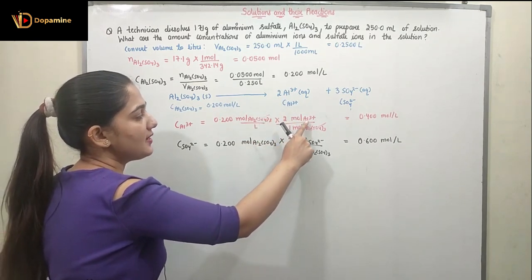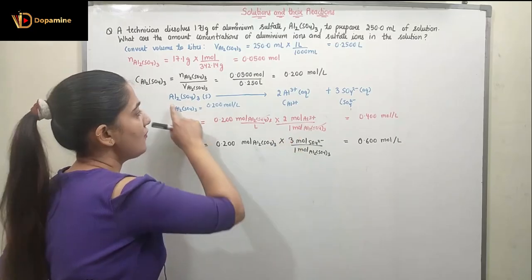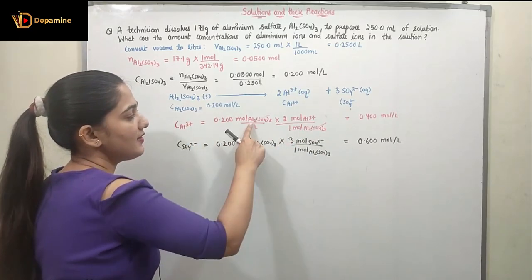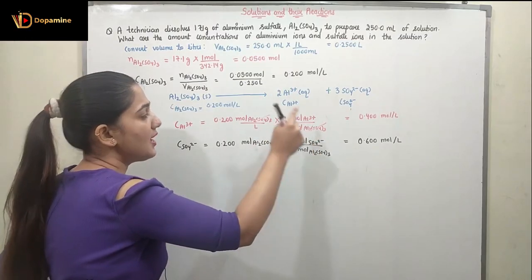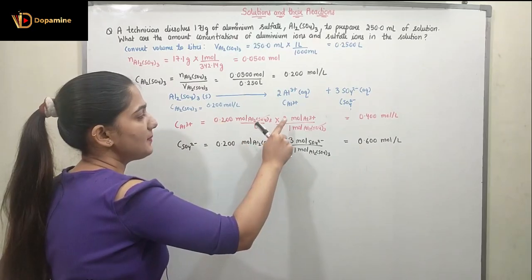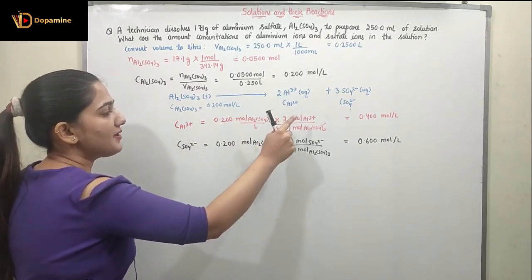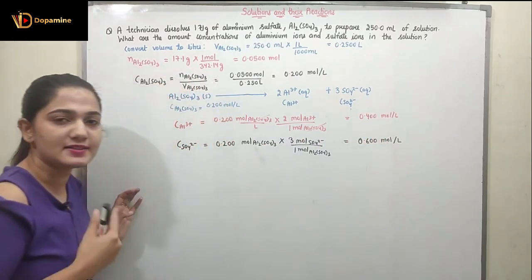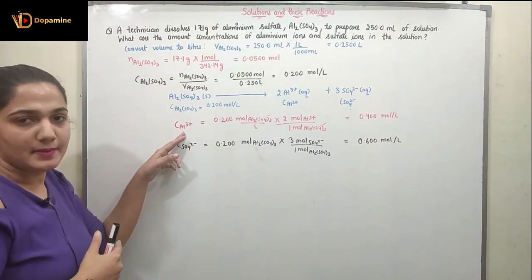So 2 mole of Al3+ divided by 1 mole of Al2(SO4)3. So the mole of Al2(SO4)3 is going to get cancelled out, and we are left with 0.200 multiplied with 2 mole of Al3+ divided by liter. So 0.400 mole per liter is the concentration of aluminium ion, right?